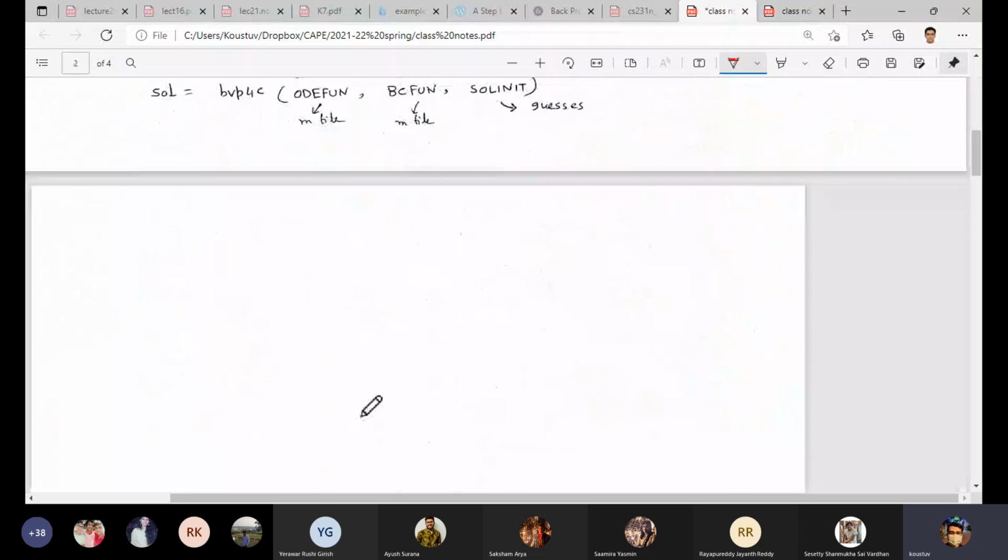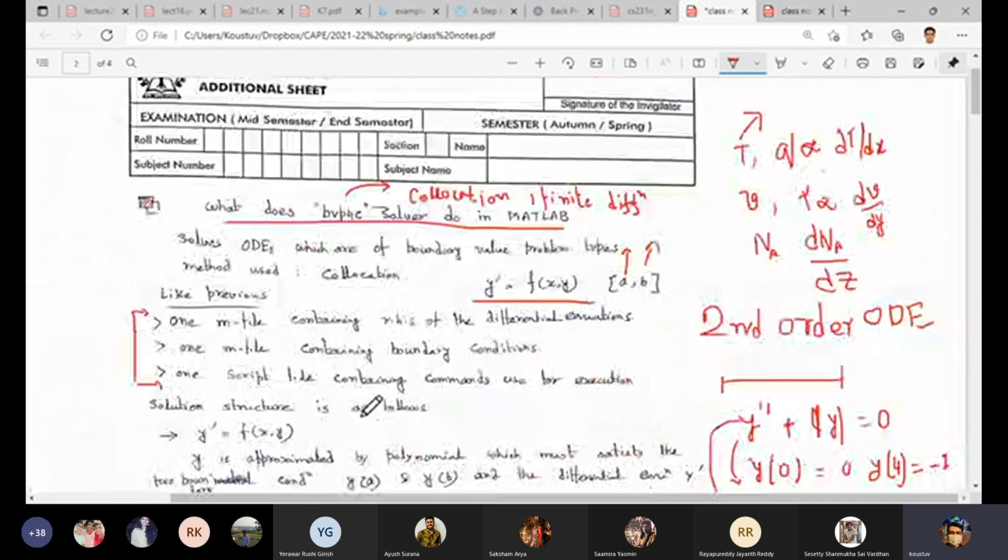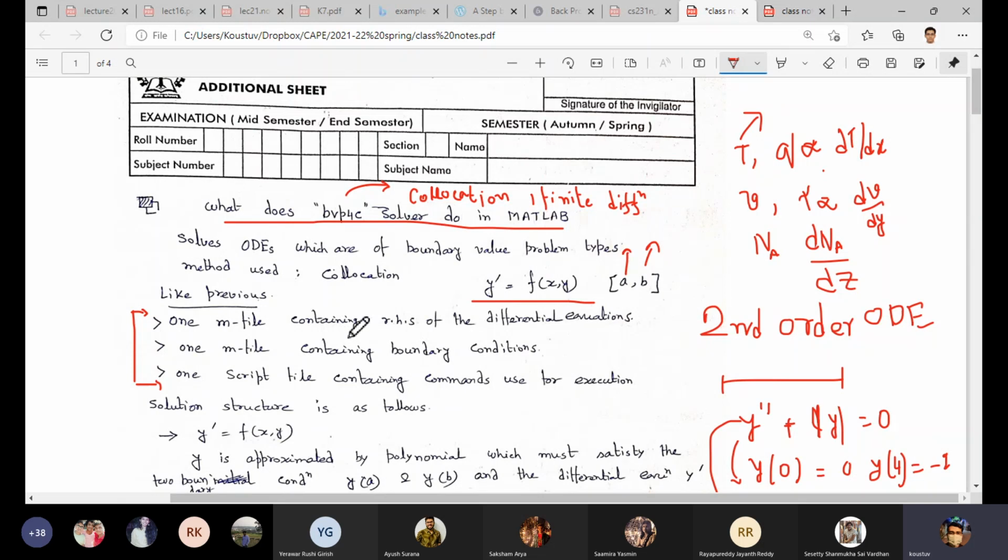So what is the structure of solving this problem? On one hand we have the major equations containing the differential equation, that is, the functions contained in the differential equations. The second MATLAB file will contain just the boundary conditions.